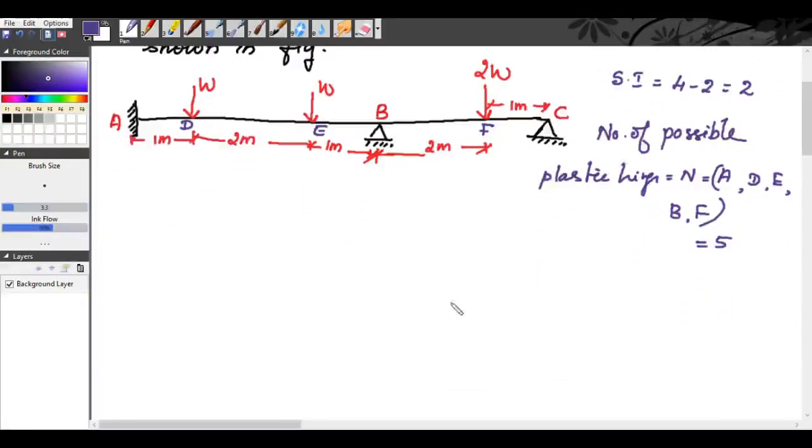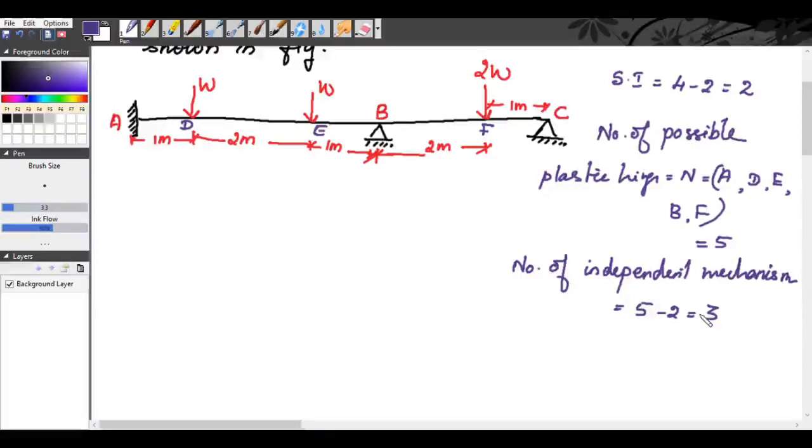The number of independent mechanisms will be equal to 5 minus the statical indeterminacy 2. So 5 minus 2, we have 3 independent mechanisms.